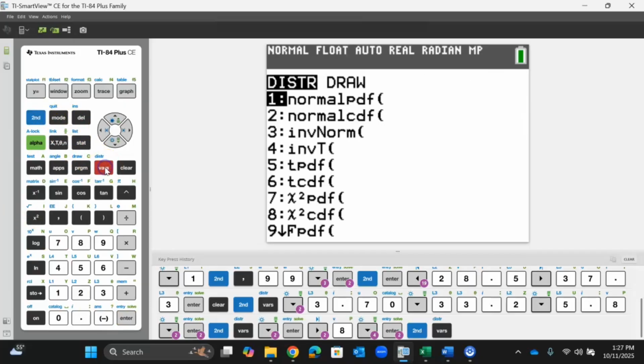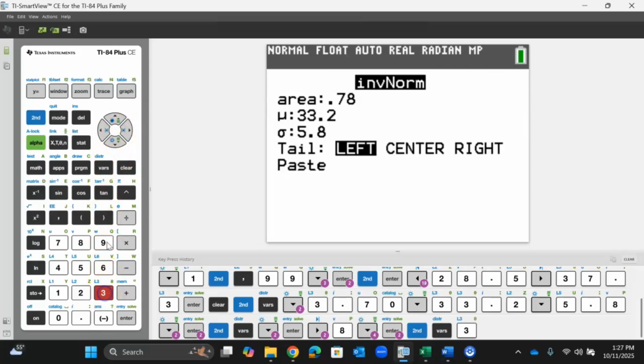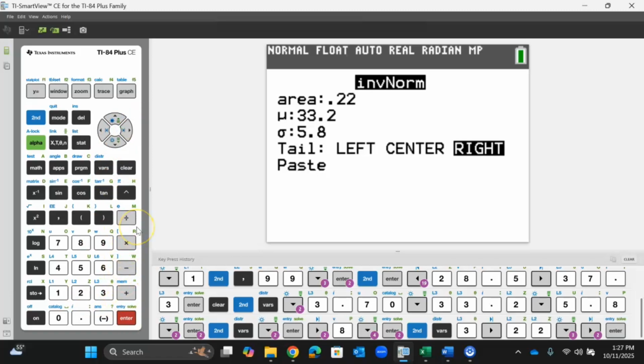For those of you who have the newer calculator, let me show this to you really quick. If we go into second and vars, option 3, and say you entered the 22% instead, you would need to make sure to select the option that says right, because that's where the area would have been. We're interested in the times that are greater than that. This is a newer feature on the TI calculator, and not all of them have this option.